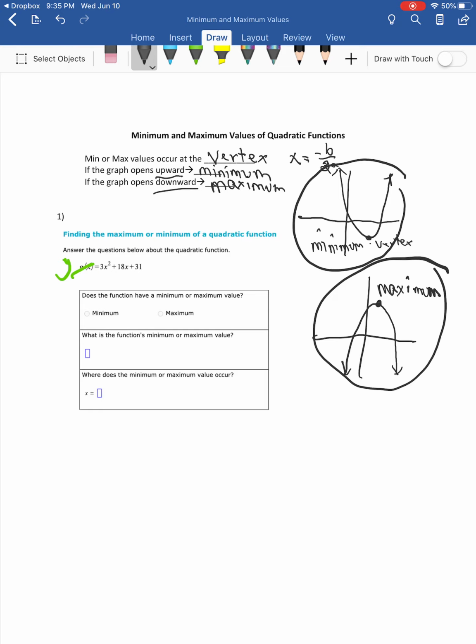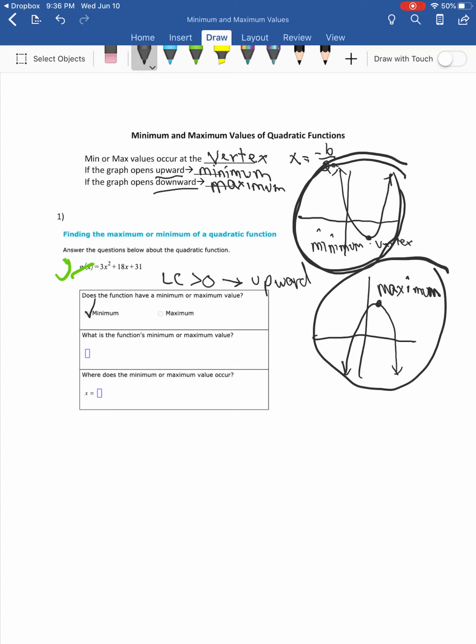You should be able to tell from the leading coefficient. The leading coefficient is positive. It's greater than 0, which means it opens upward. Okay? So since it opens upward, it's going to look like this, and it's going to have a minimum.